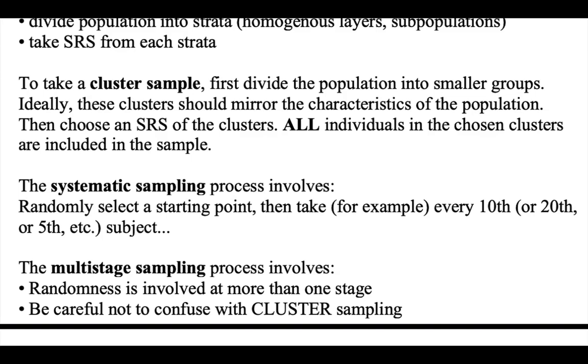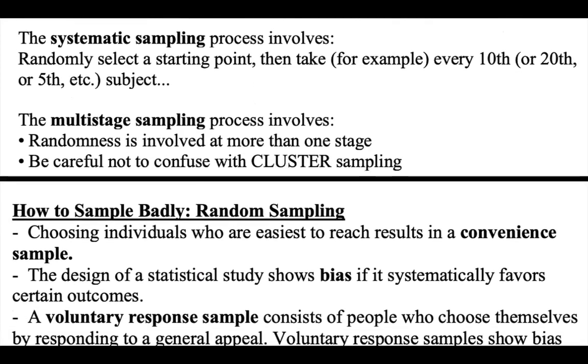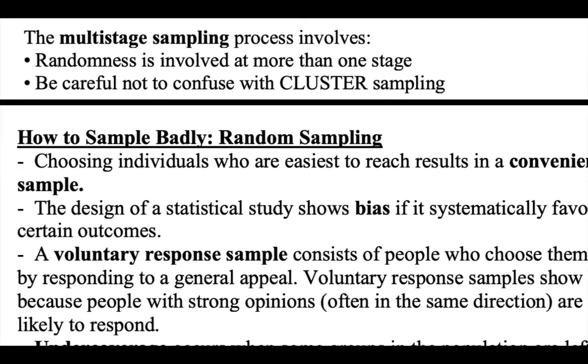The next one, multi-stage sampling. Multi-stage involves randomness at more than one stage. So it's kind of like a cluster, kind of like strata. Be careful not to confuse it with cluster though.